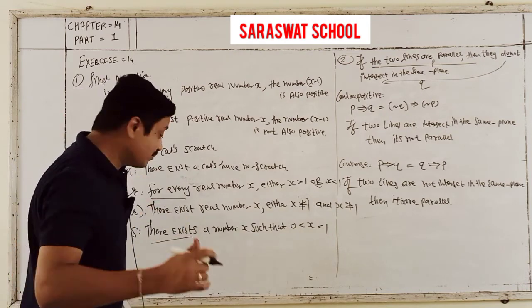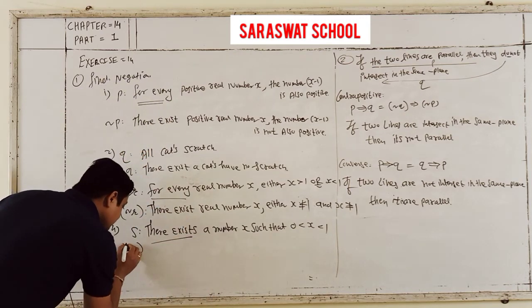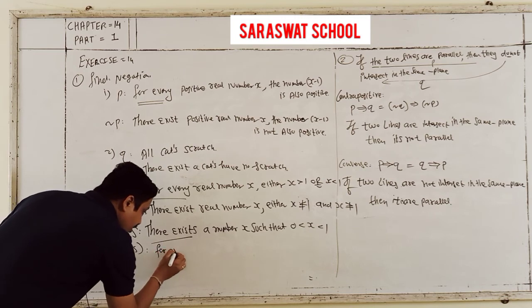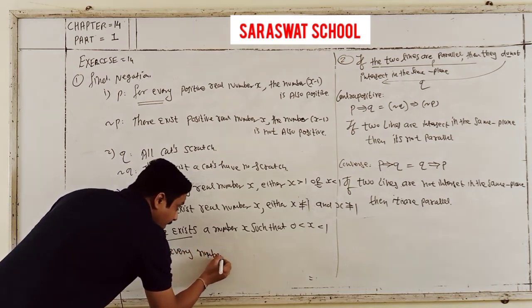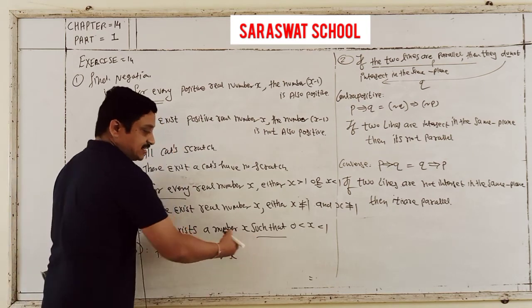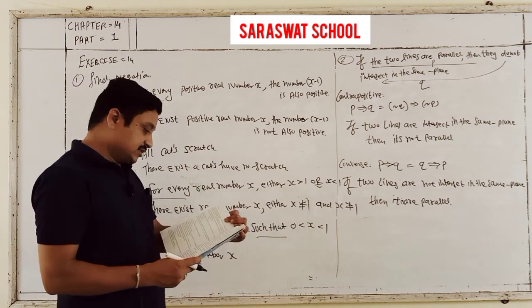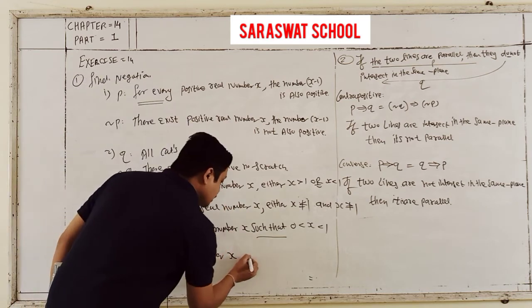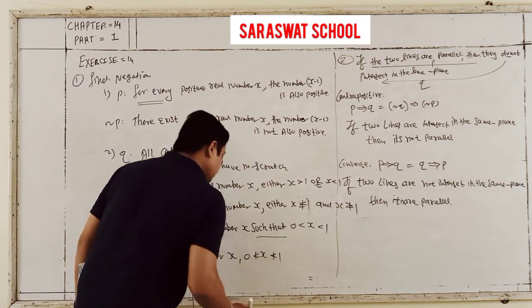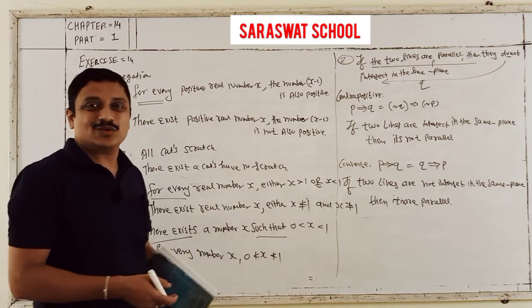I remove that, and my negation of S is: for every number x, 0 is not less than x, not less than 1. That's my answer. Easily, question number 1 done.